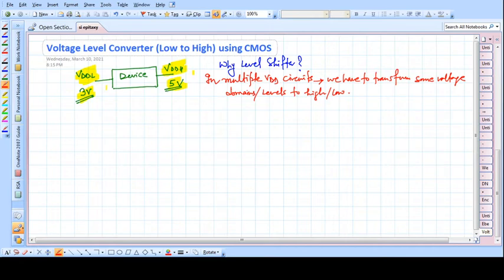So this one is the example for a low to high voltage converter.